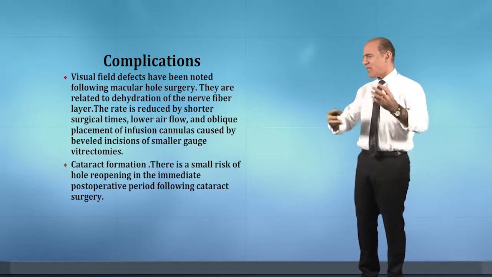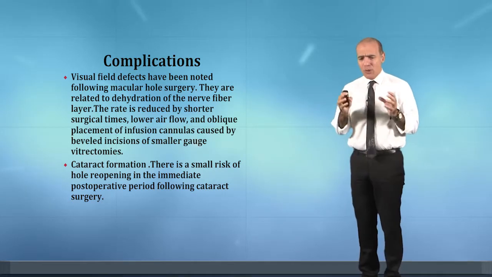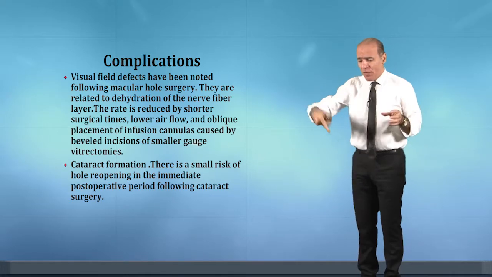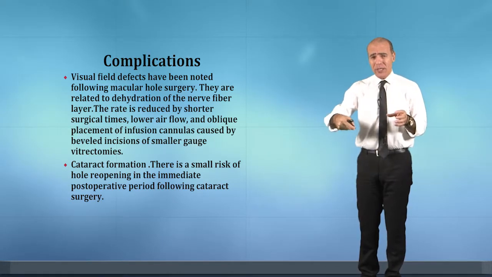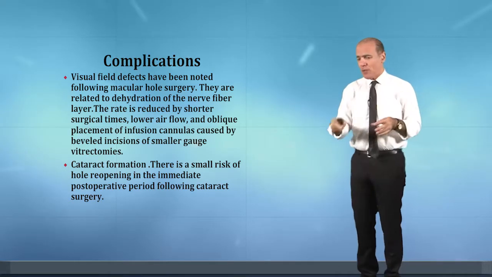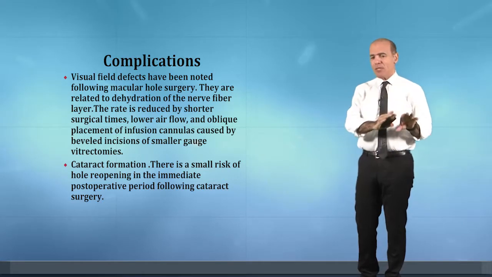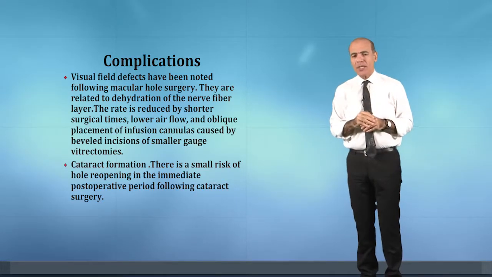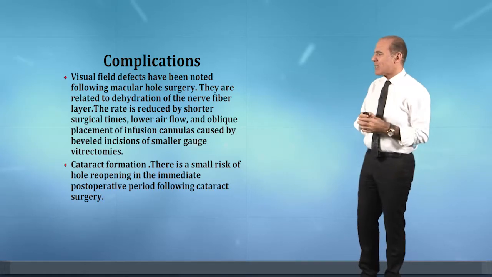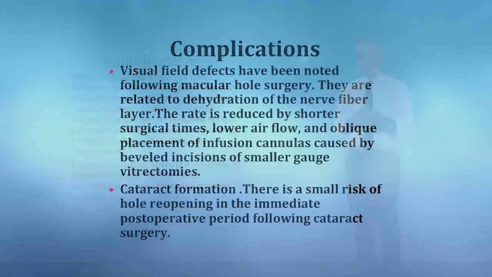Many studies are addressing that, and most of that goes to the flow of the infusion cannula and the stream of the fluid or gas through the retina. It can damage the inner layer of the retina and give me that field defect that could be detected in some cases. So we have to be careful about the pressure rise for this patient.